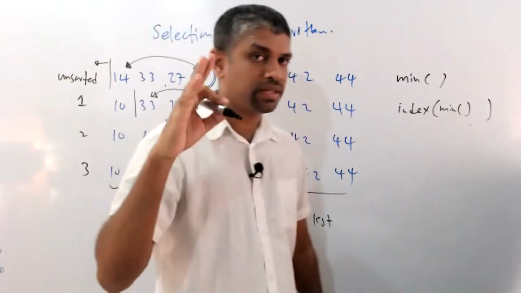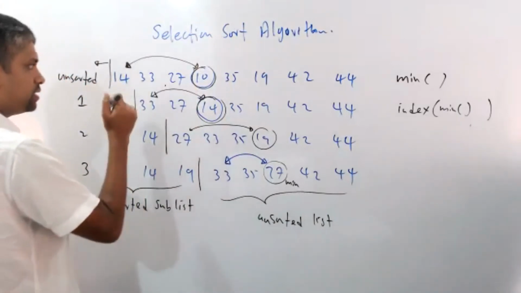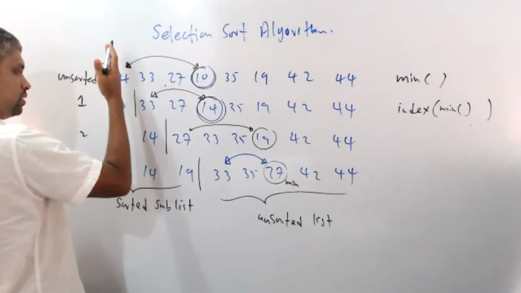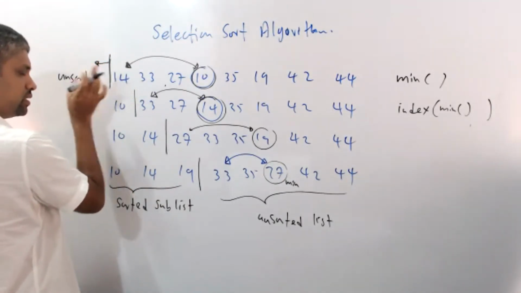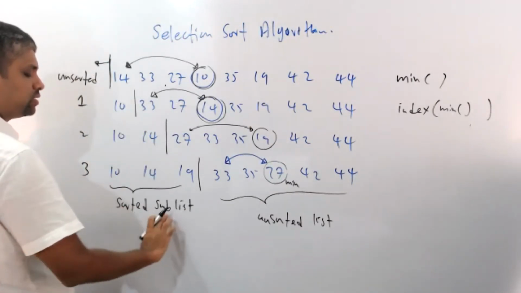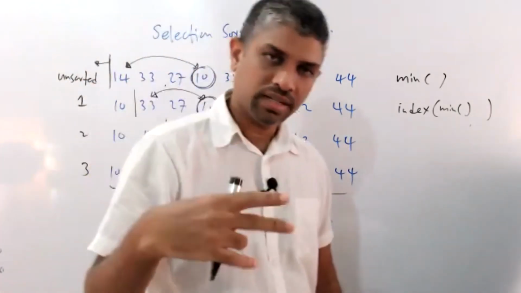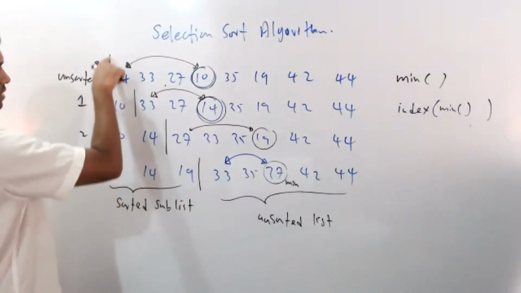If you compare with the previous method, in the previous method we started with one element sorted subset. Now we are going to consider an empty sorted subset and the unsorted part.